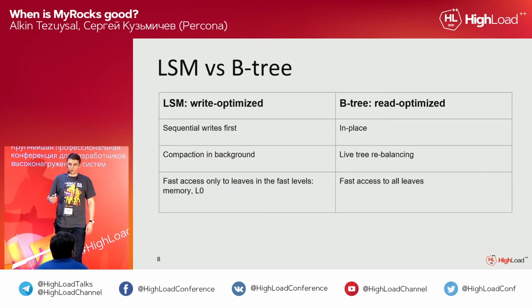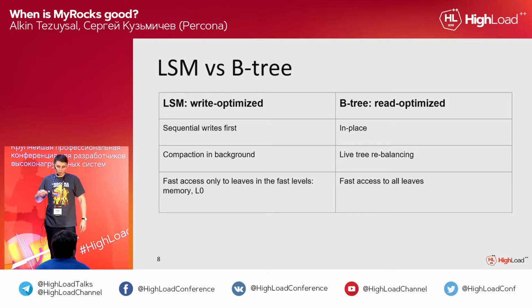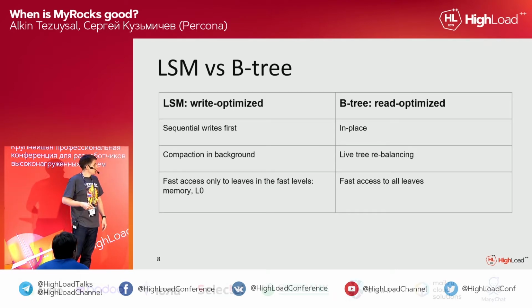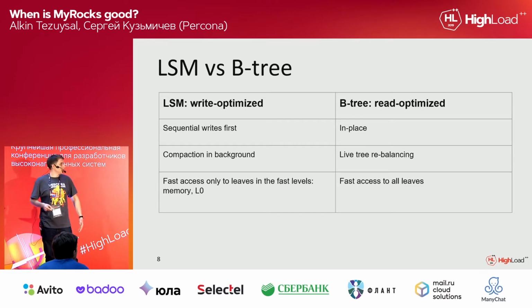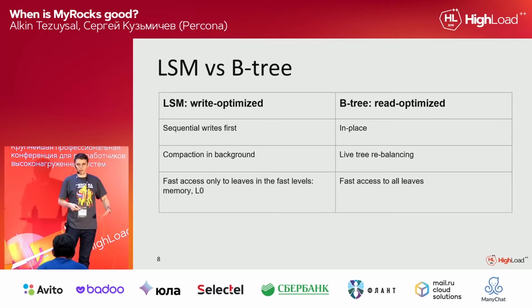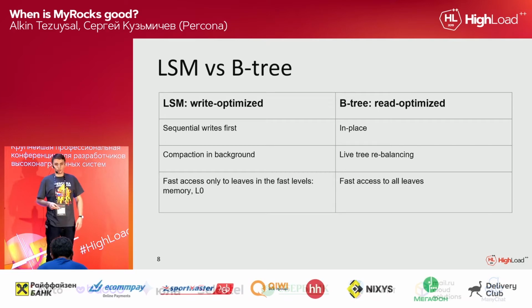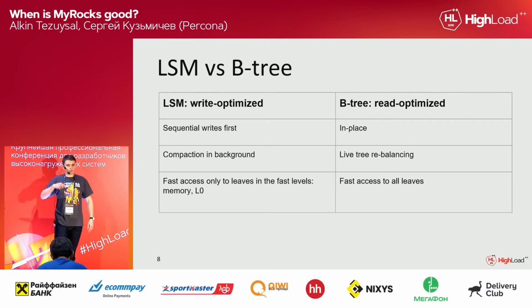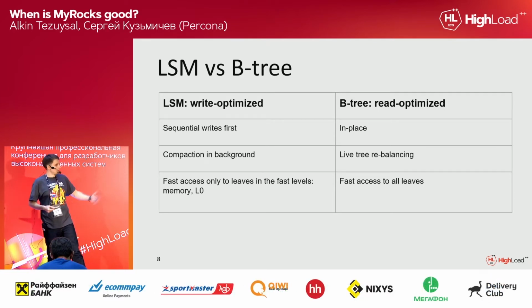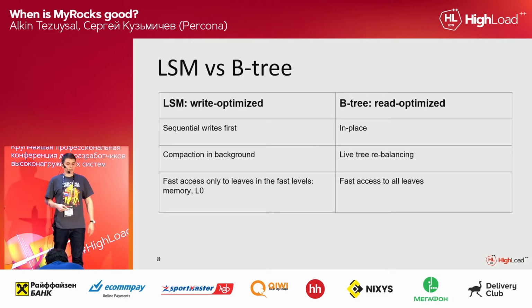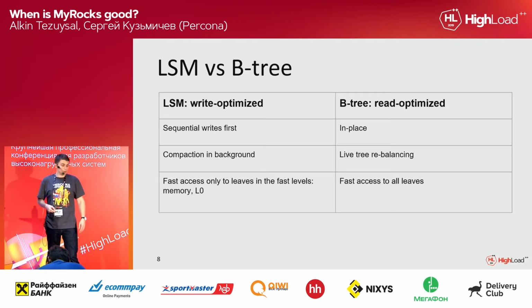Why is that important for databases? With a B-tree, you update a row, you update it in place. You do rebalancing online, and every read will have access to all leaves immediately. So a reader can expect that it can go and read anything. With LSM, you only write sequentially to memory, and there are background processes that move those writes below to the file system and then progress them through the file system.